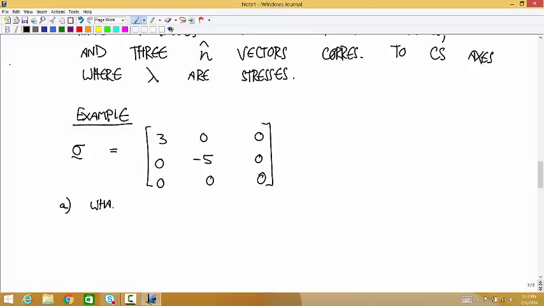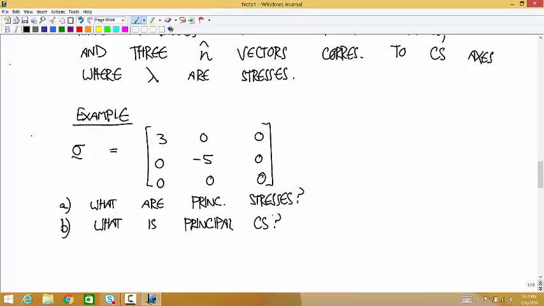So first, what are the principal stresses? And second, what is the principal coordinate system?